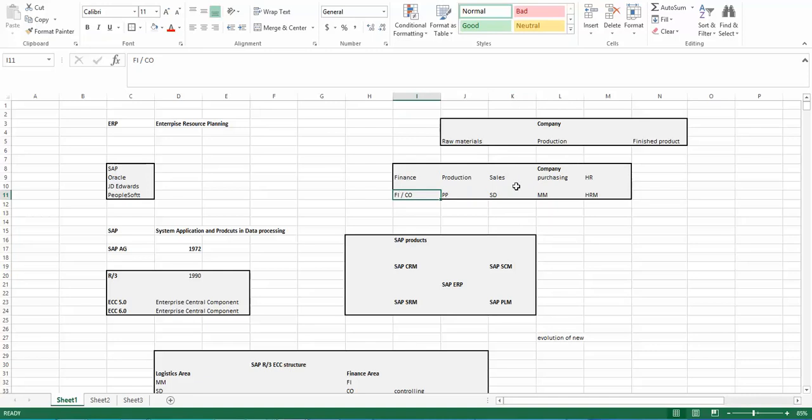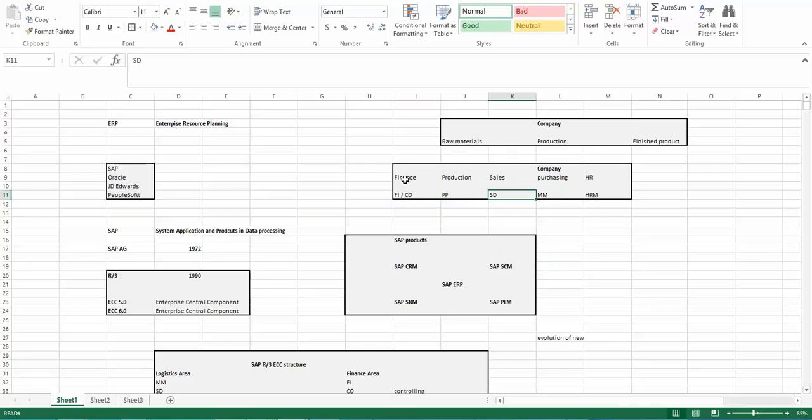So it's the duty of the sales department to follow up with the customer to make the payments. Once the sales rep gets the payment or a check from a customer, he'll intimate the FI team.